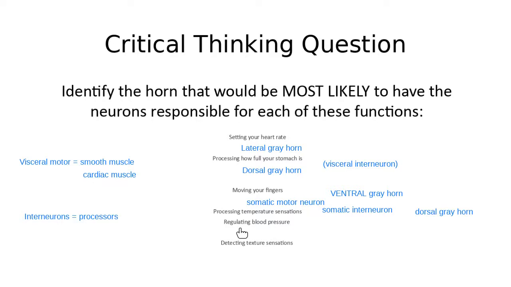Down below, we've got a mention here of regulating blood pressure. The blood pressure in your body is caused by the contraction or the relaxation of the type of muscle that we find inside blood vessels. Which kind of muscle lives inside blood vessels? Yeah, smooth muscle is inside blood vessels.